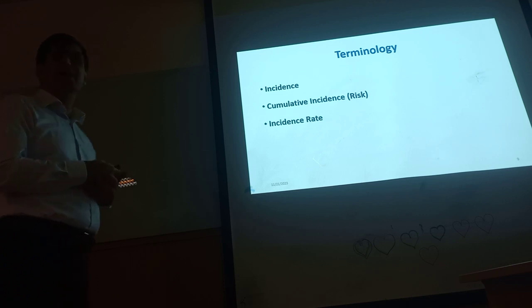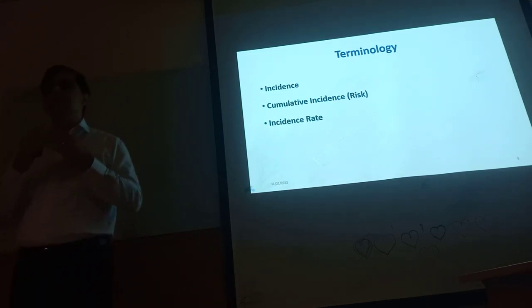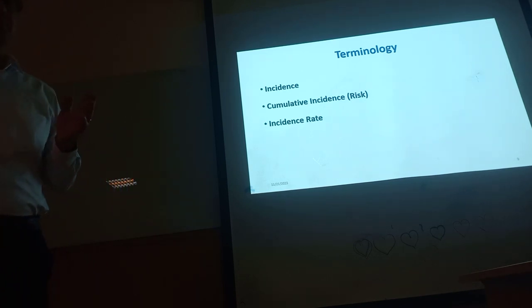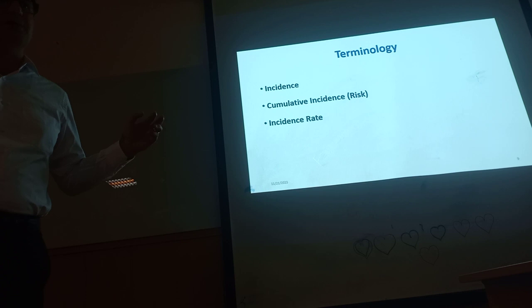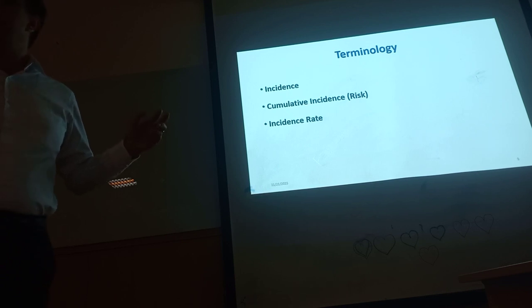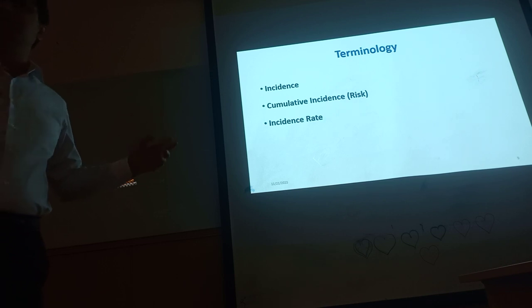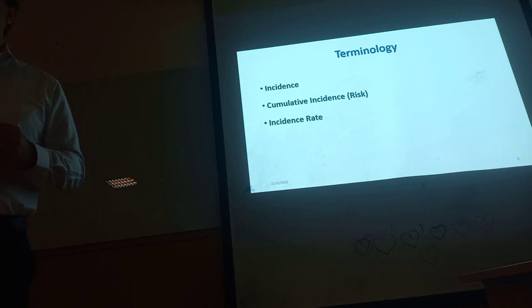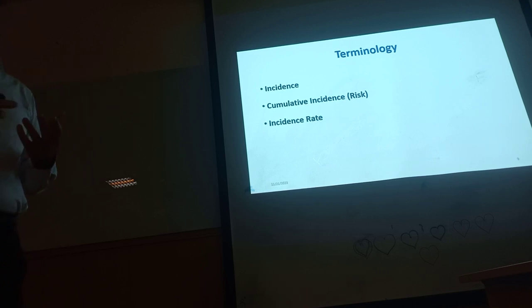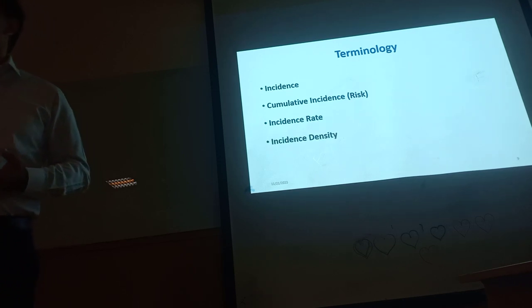What is incidence rate? In an incidence rate, again, the numerator is the same, but the denominator is the average of the population in that specific period. Average means number of people at the beginning plus number of people at the end divided by 2. Okay? So this is the average of population. And incidence density, what is incidence density?